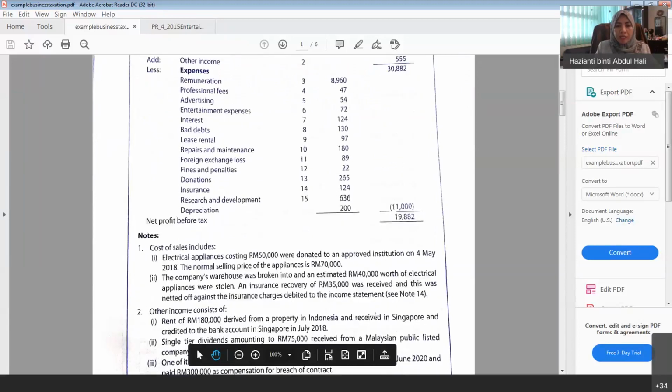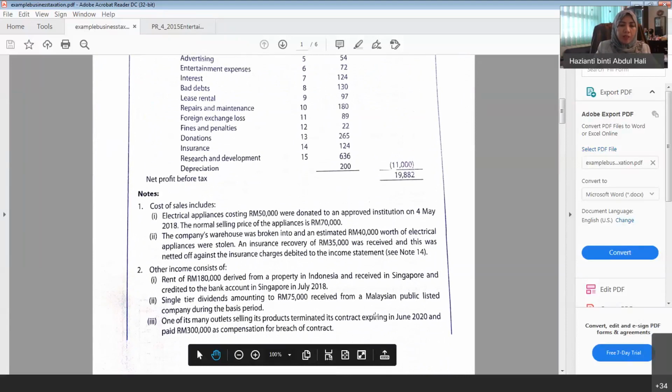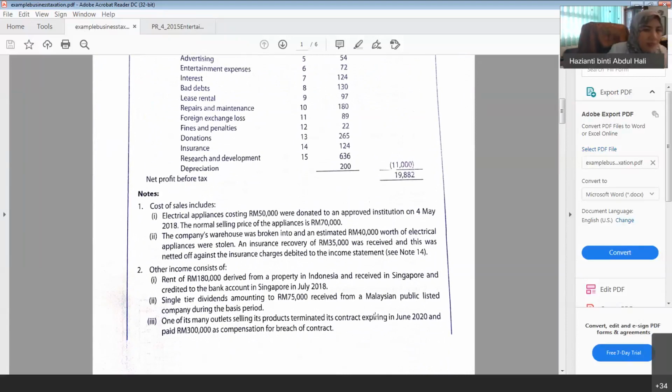The notes are long, I don't want to read all of them. But when we have this type of notes, what we can do is look at them one by one, whether the expense is allowable or not, and whether the expense can be allowed 100% or only 50% or double deduction.